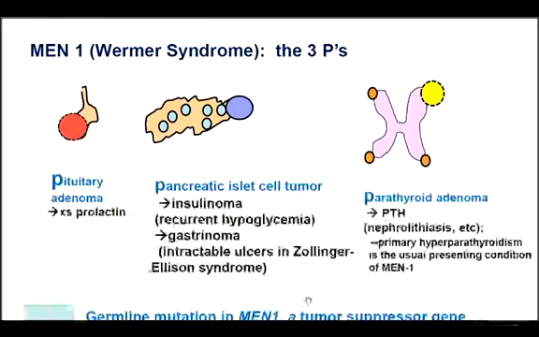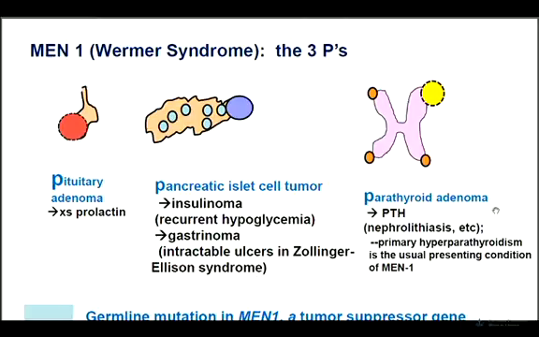So this is type 1, the 3 Ps. That's the one most people usually remember. Pituitary adenoma, usually prolactinoma. Pancreatic islet tumor, so you can either get one that's producing insulin with hypoglycemic episodes as the presenting sign, or gastrinoma. This is gastrin producing, so you get these terrible ulcers in the stomach, and that's called Zollinger-Ellison syndrome.